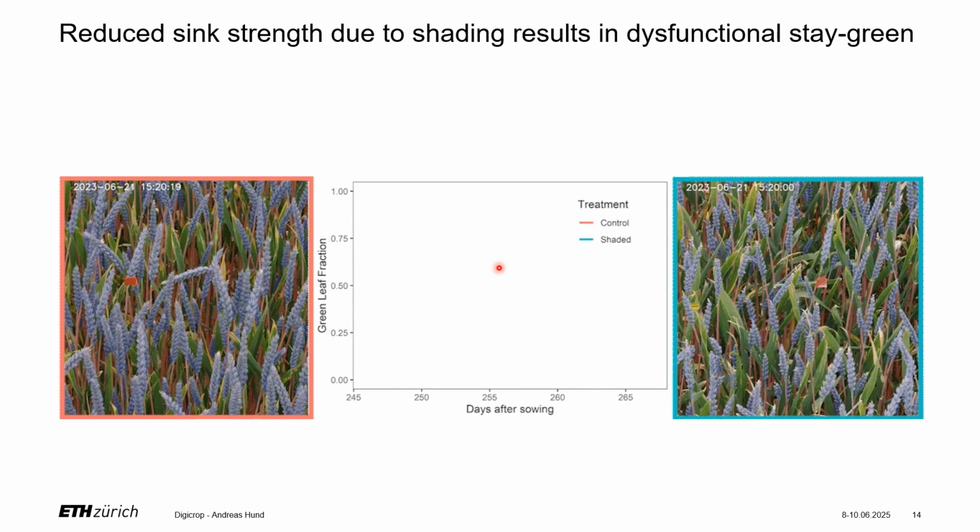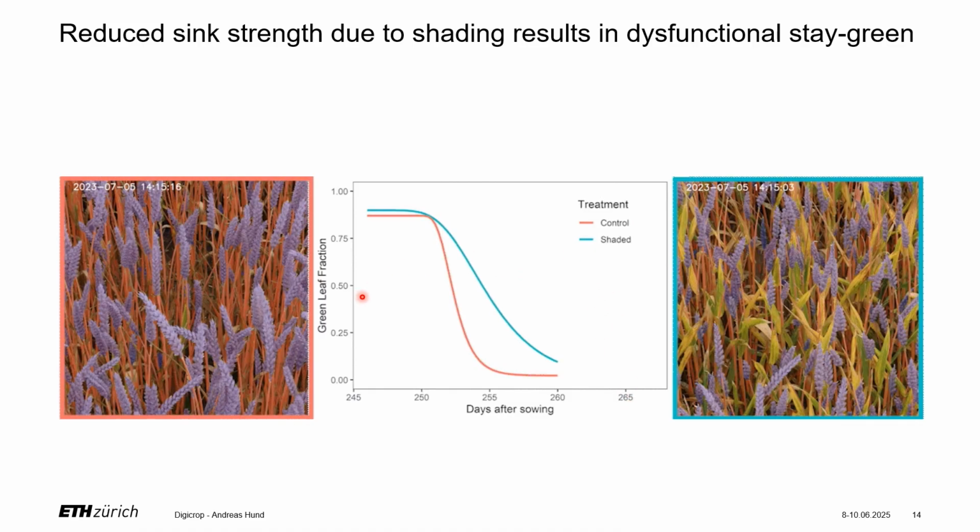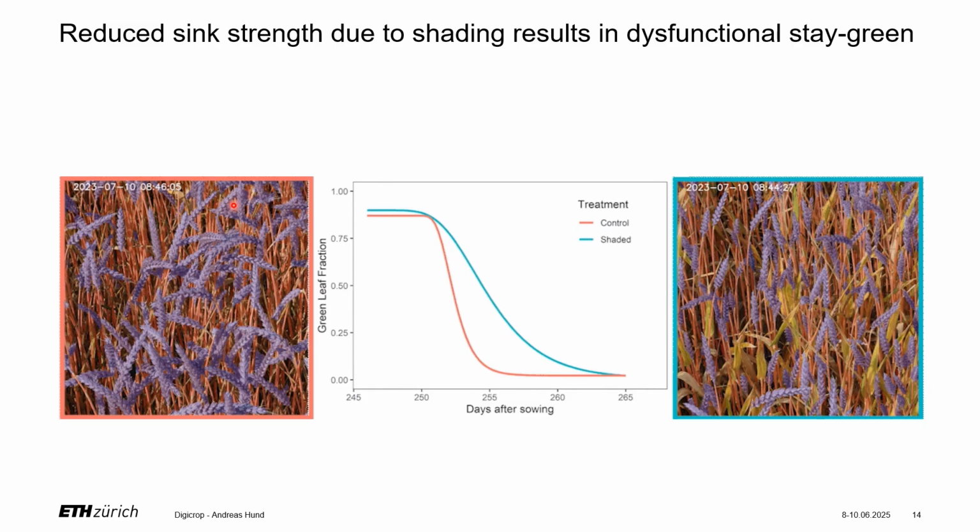Here you can see that the shaded or the control treatment underwent this expected rapid senescence of the green leaf. In this case, we have followed the leaf fraction during the late phase of grain filling. Whilst you can also see that the shaded treatment was having this very long senescence phase.